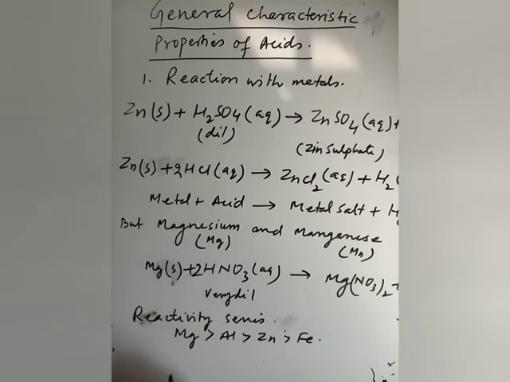Out of these four, magnesium is the strongest one. Magnesium reacts very readily with acids. Aluminum reacts less readily, not so easily. Zinc reacts less, and iron the least with acid. Out of these four metals I am talking about. The behavior of nitric acid is quite different with metals.